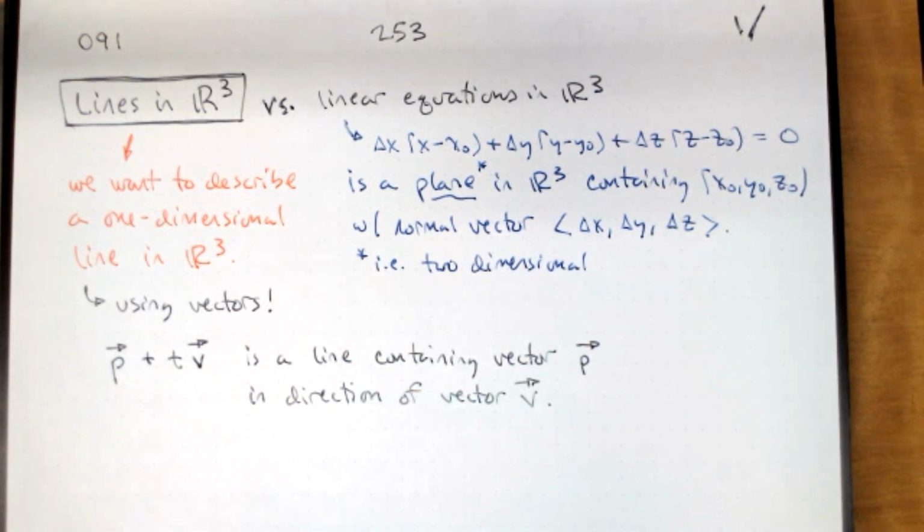We could write this combination of vectors to represent a line in R3. I like to start with this because this looks very much like a linear equation in two variables, where P is like the y-intercept and V is like the slope. But now, since we have vectors P and V, we can describe a one-dimensional line in three-dimensional space.